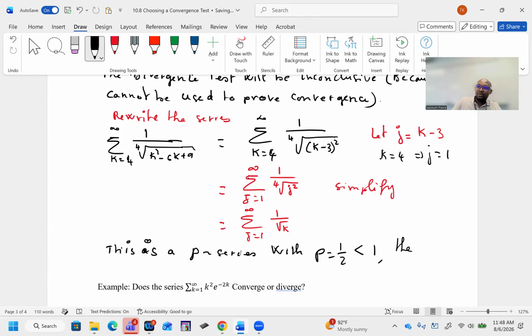Therefore, it diverges, right? Because a P series only converges if P is greater than 1. Any questions so far?